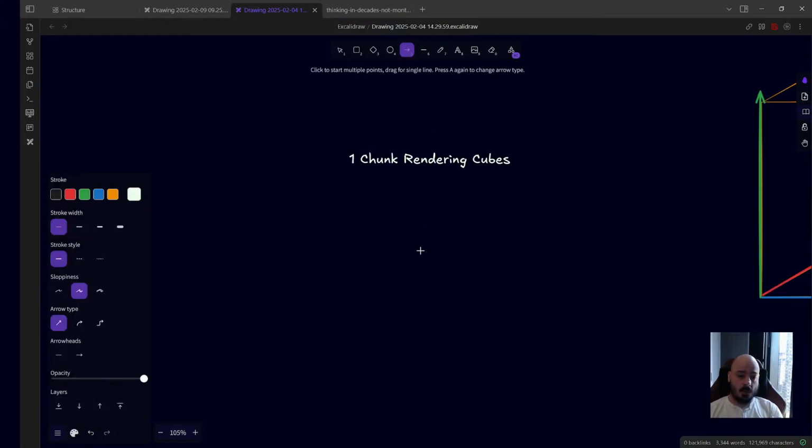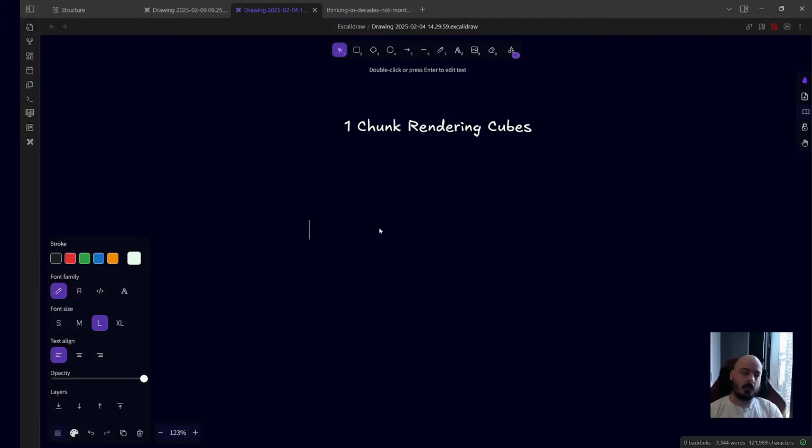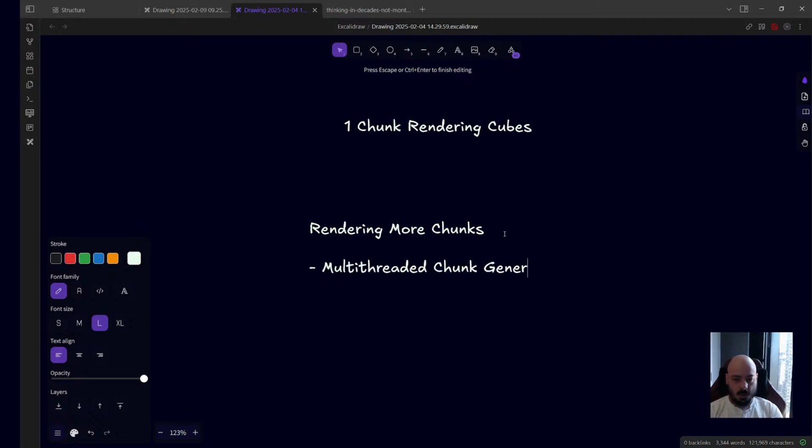as I was saying, there's a couple of ways we can go. One is we can go down rendering more chunks, and that would include things like multi-threaded rendering, multi-threaded chunk generation, terrain sculpting or something.